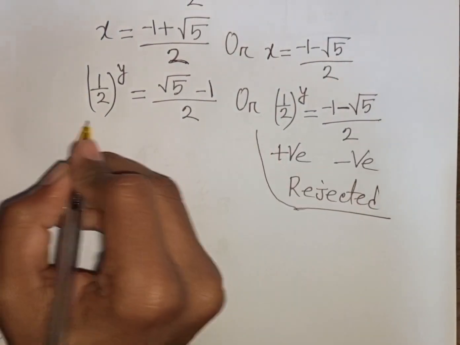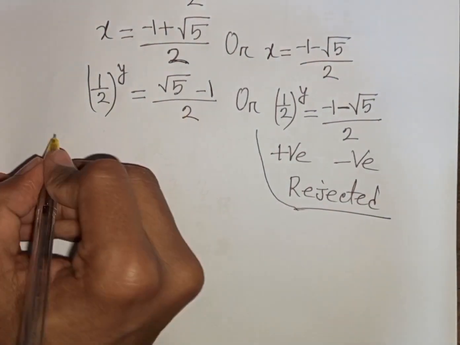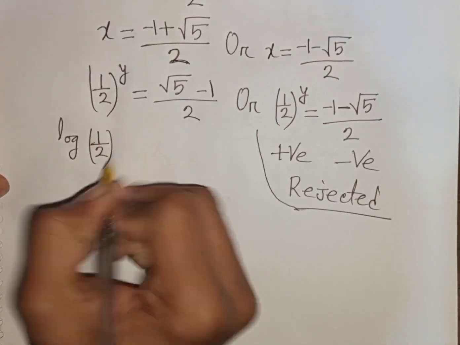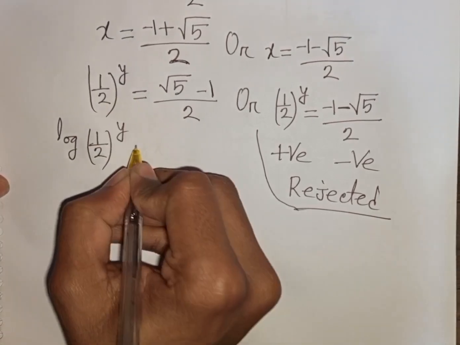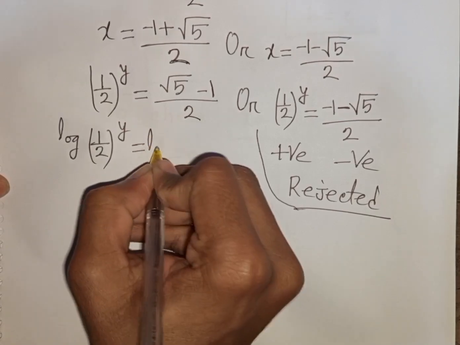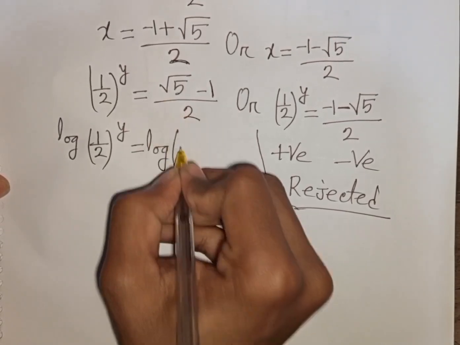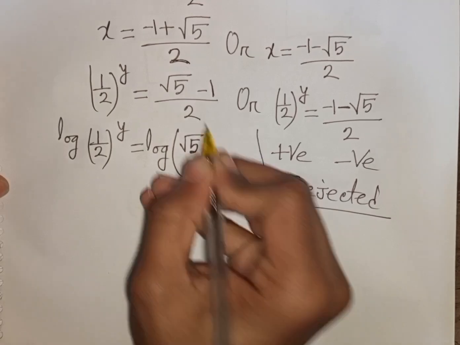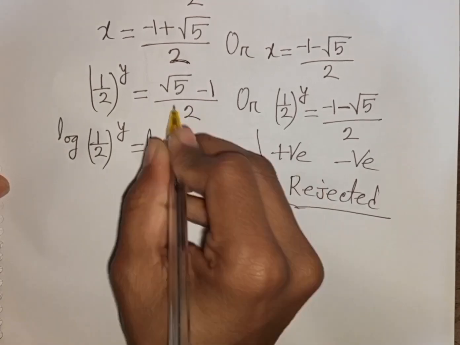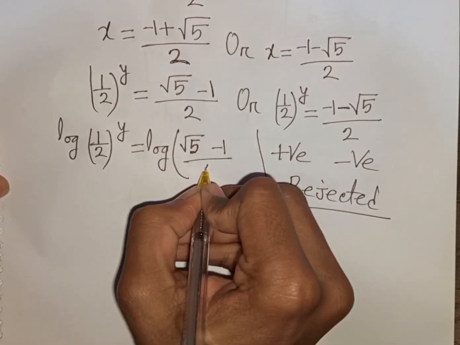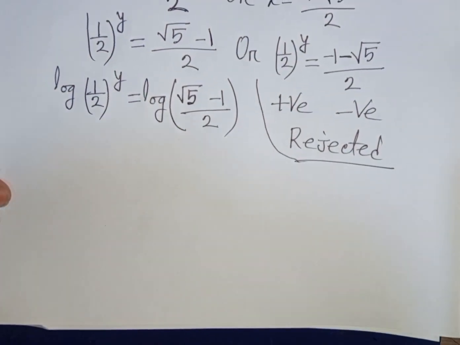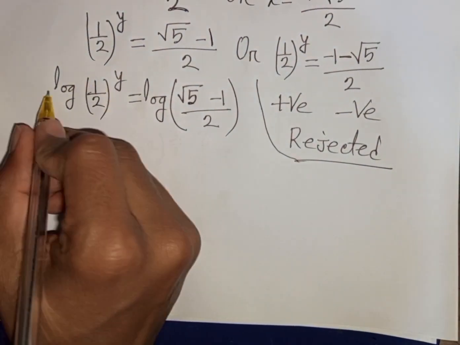Now from here we apply log on both sides. So you can write log of (1/2)^y is equal to log of (square root of 5 minus 1) over 2. Now this power y will move to the front.